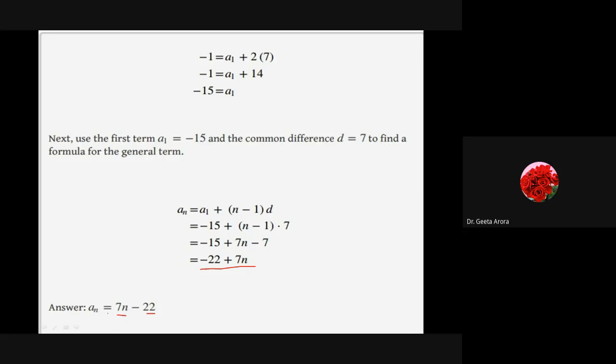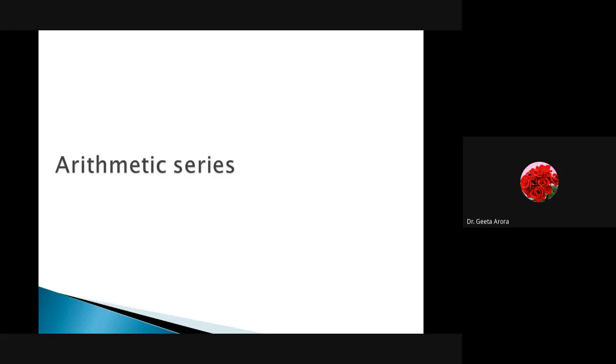Okay. Let us start with the next one. Now we are going to start with the arithmetic series. What is an arithmetic series? Till now we have learned about the arithmetic sequence. In an arithmetic sequence, the numbers have a common difference d, and hence we have written some general terms and obtained some expressions.